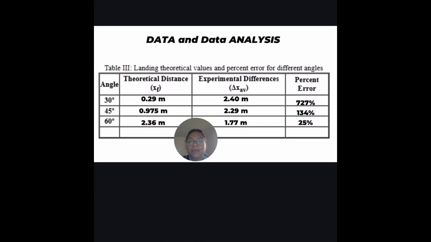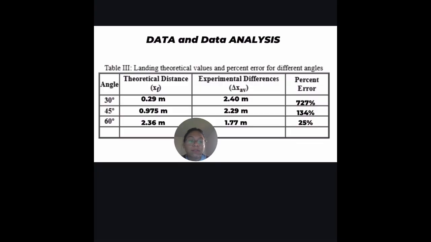So after using that formula, xf equals Vm times cosine of the angle times time, we found our theoretical distances were 0.29 meters, 0.975 meters, and 2.36 meters. From there, we found our experimental differences, our delta x.